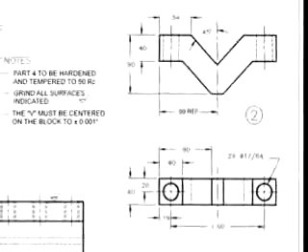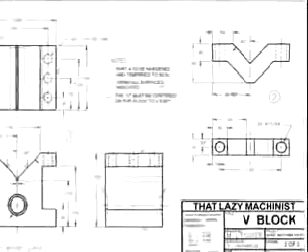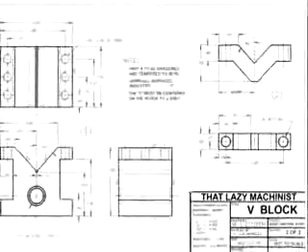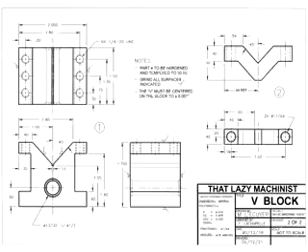And since I can find the dimension two ways and end up with the same fundamental dimension but with different tolerances, one of the two ways is going to have to be marked as a reference. In this case, since the 1 inch 600 thou is crucial for the spacing of my holes, the 990 thousandths of an inch dimension is going to have to be indicated as being a reference only.